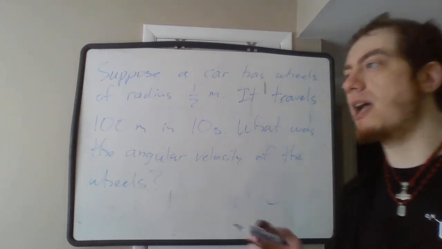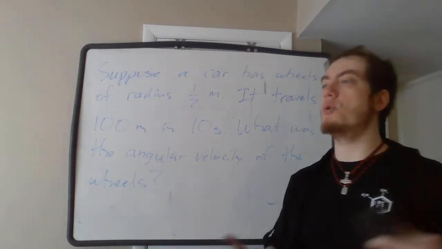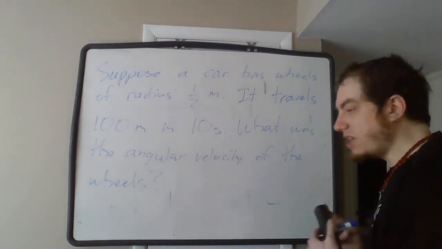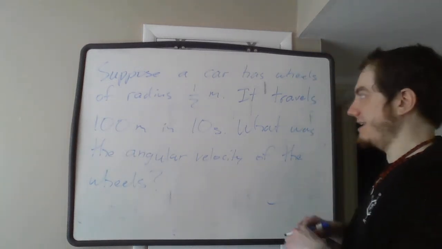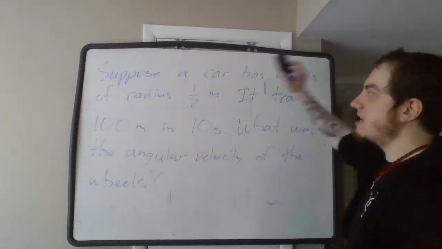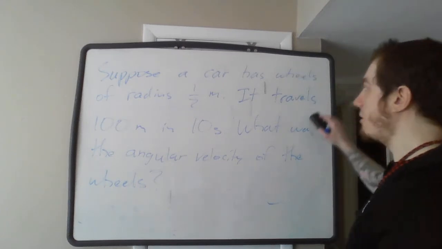If I then multiply the number of full turns by 2 pi, that is going to give me the angle that they rotated through in radians. So hopefully you guys can screenshot this or something and keep hold of it, because I have to erase this board now.